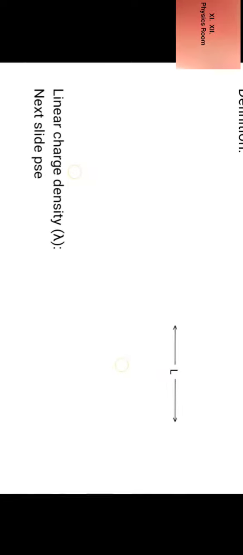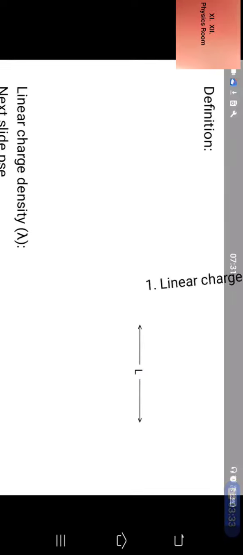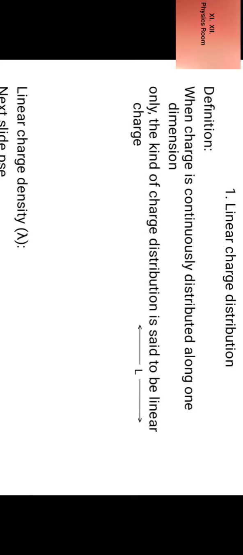First we take up linear charge distribution. How do we define linear charge distribution, that we are to understand now. When charge is continuously distributed along one dimension, the kind of charge distribution is said to be linear charge distribution.